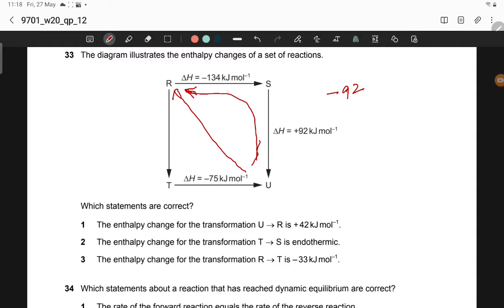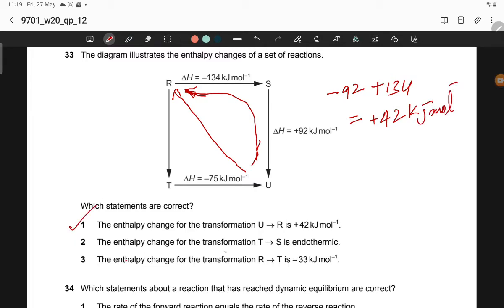This arrow is not along with this arrow, so the sign is reversed. Plus 134 is equal to 42 kilojoule per mole. So 1 is correct.